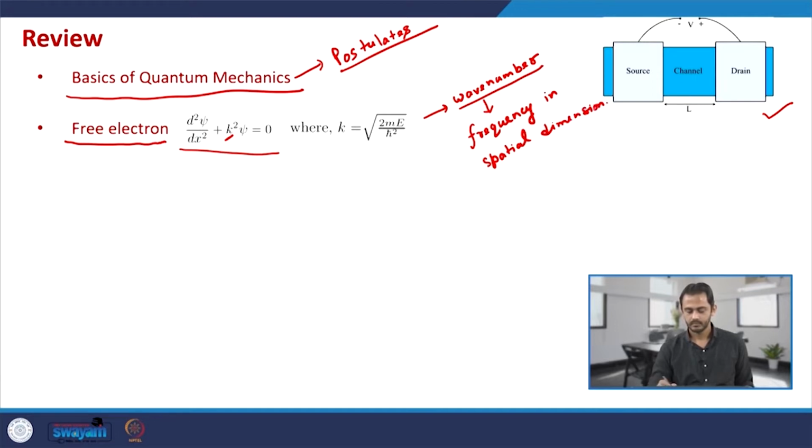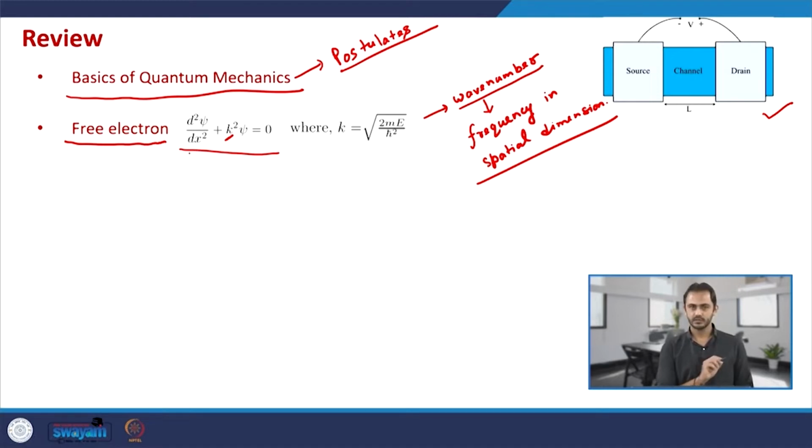It tells how a wave or a wave function is distributed in space, how it is oscillating, how it is repeating itself in space. So it is also known as the frequency in the spatial dimension.